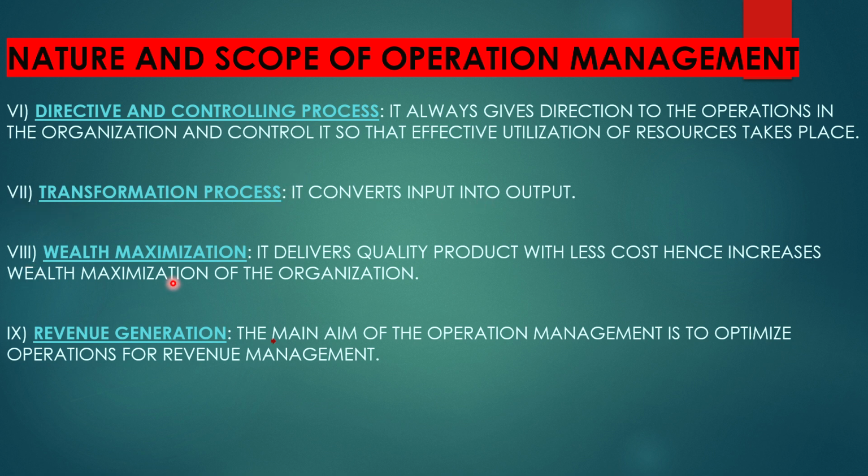Its characteristic is also wealth maximization, because it delivers quality products with less cost, hence increasing the wealth maximization of the organization. Revenue generation is the main aim of any organization, so operation management optimizes the operation to get a higher revenue for the organization.